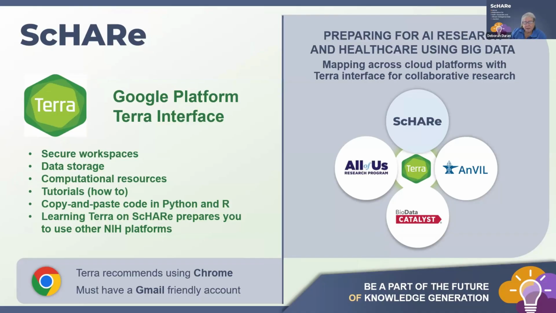With the Terra interface, it allows us to cross these platforms more easily. And here's the great thing about this. Once you learn Terra, like on our platform through our series, you can use Terra on any one of those other platforms. So they're no longer a barrier to you.